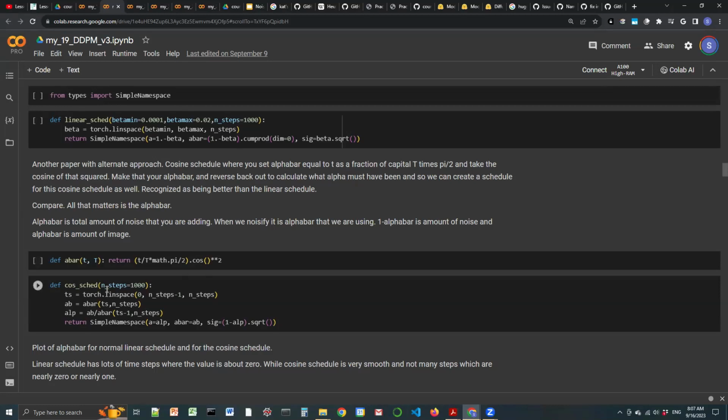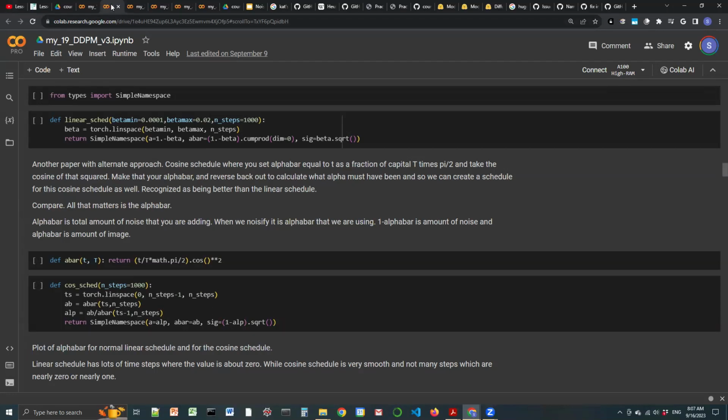You then use that with a fixed number of steps, which continues to be 1000, to generate these values, where A is used as alpha bar, AB, and the sigma value is the square root of 1 minus alpha bar.